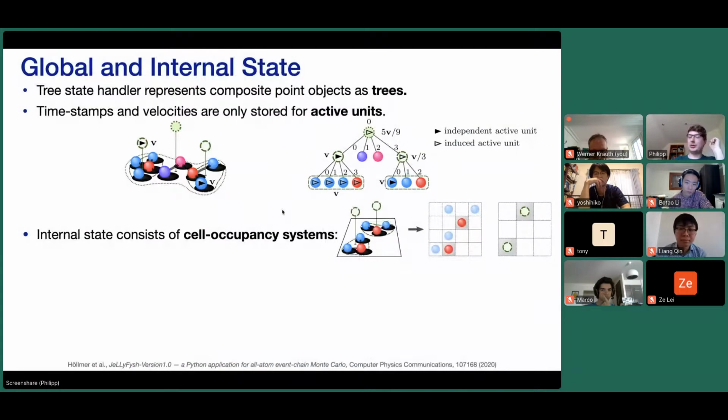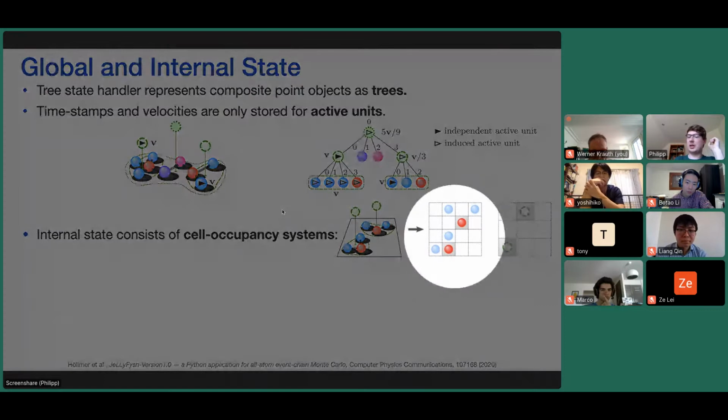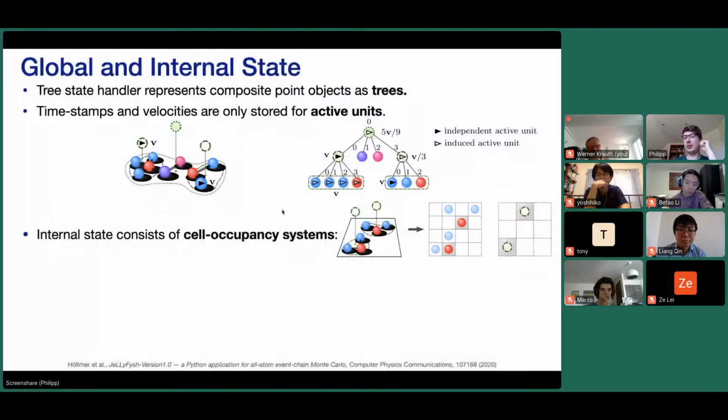What we can also do on the atom level is not just track all atoms, but we can just track atoms with a given charge. So in this example here, we did not track the blue atoms, but only the red atoms. So we have a great flexibility in our cell occupancy by using these composite point objects.